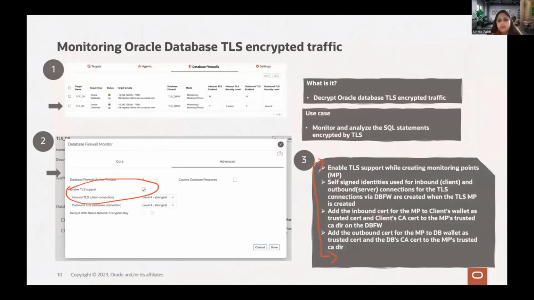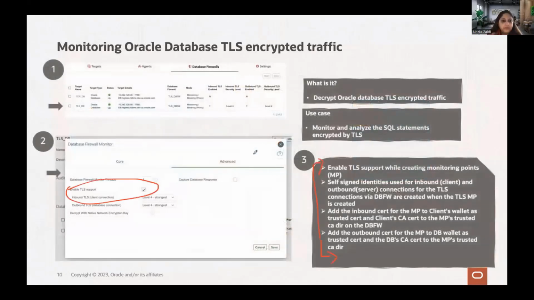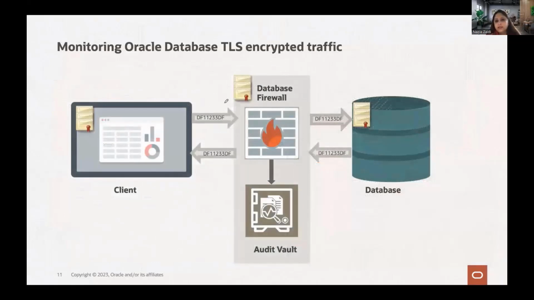And these steps are nothing but, at high level, when you register a target with TLS enabled client, what database firewall does is generate certificates for inbound as well as for outbound traffic.